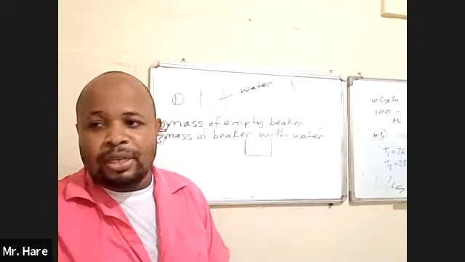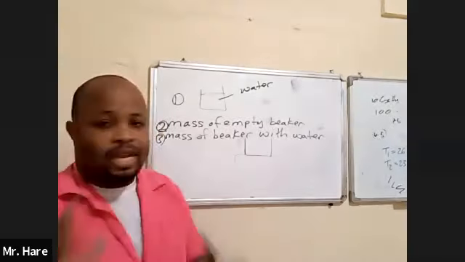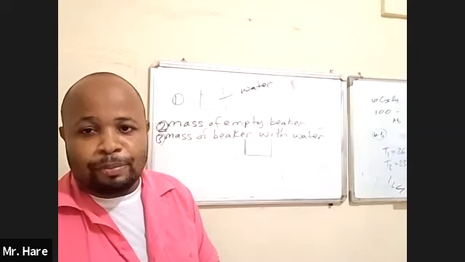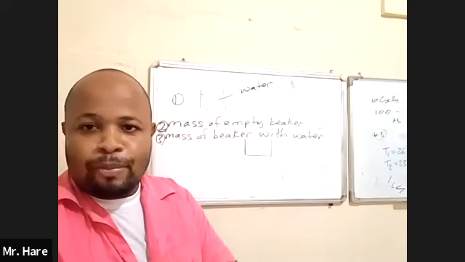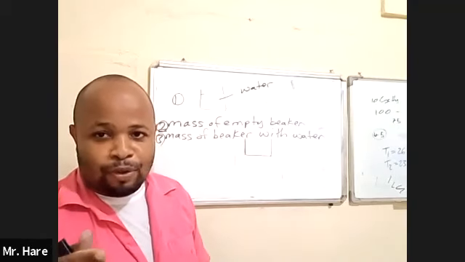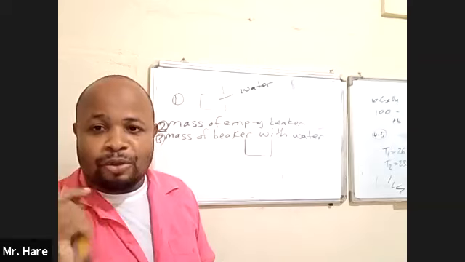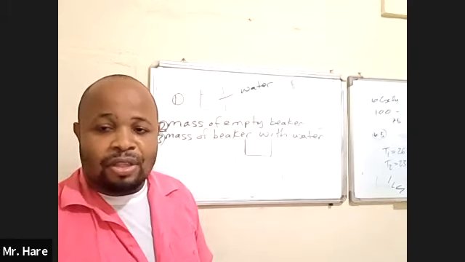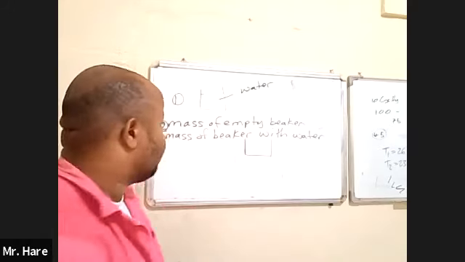All right, why do we calculate the temperature? So where do we record the temperature? Remember, the pipette is used to record volume, but we did not record the volume of the water. We are recording the mass of the water.